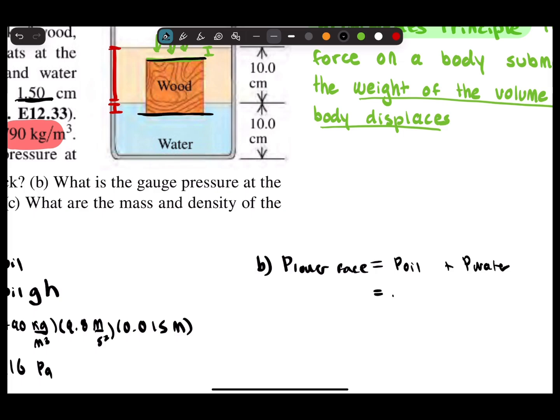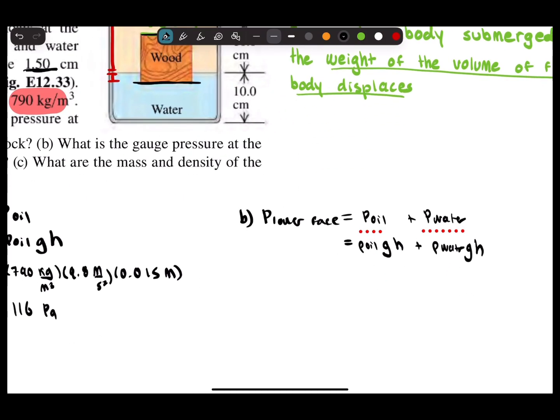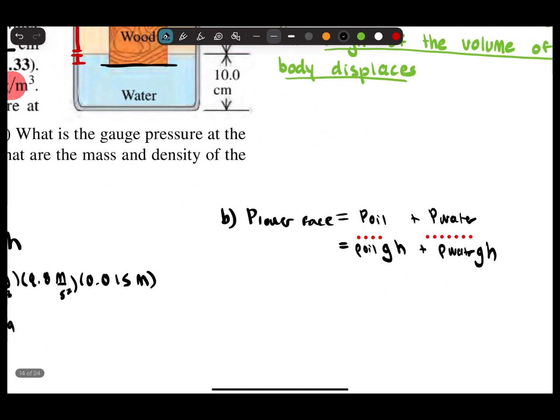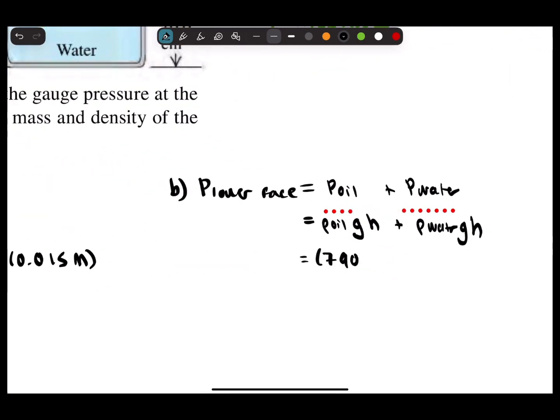Now P oil is going to be rho oil times G times H. The pressure from water is going to be rho water G H. Now we just got to figure out what to plug in. So for P oil, the question says 790 kilograms per meter cubed.